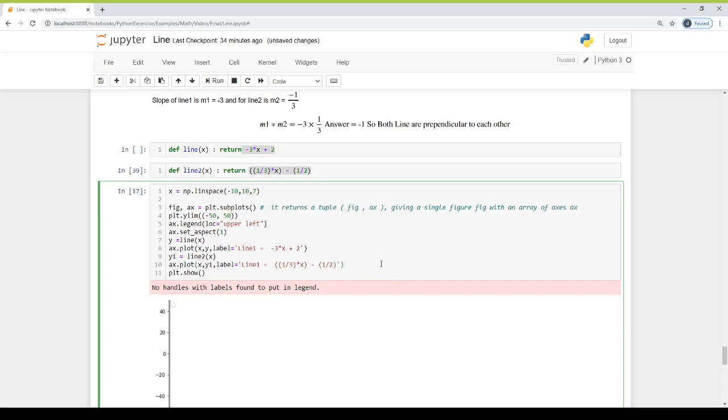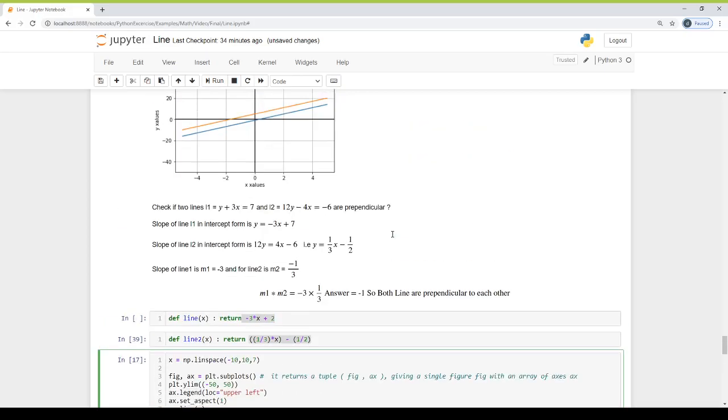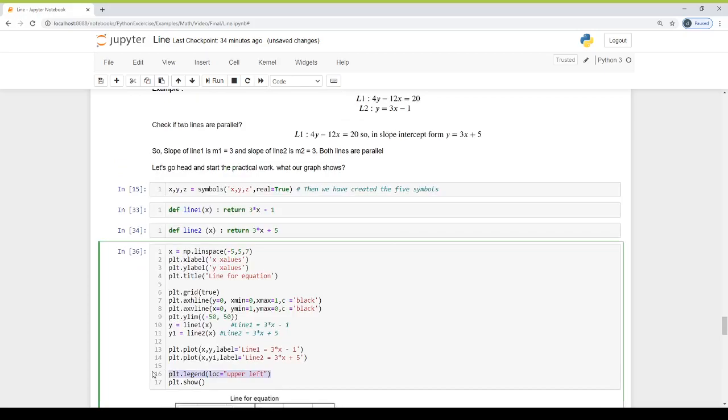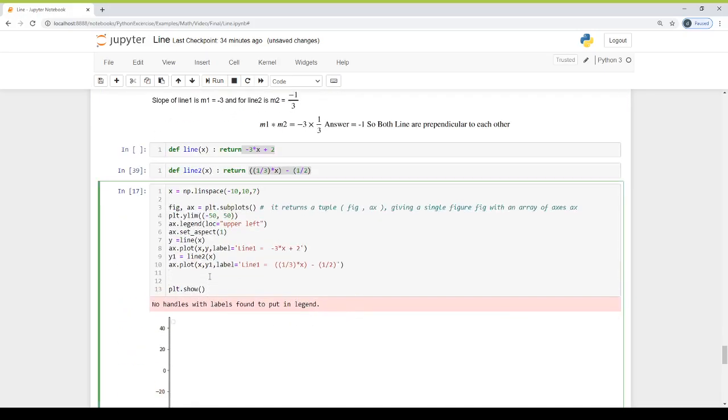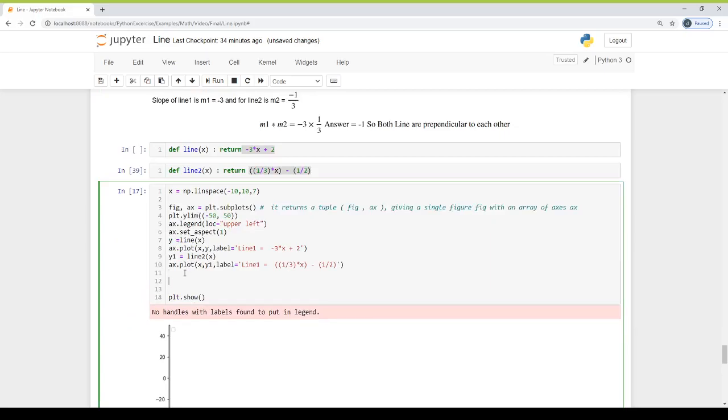Next, legend. You can copy the legend of the graph from here, Control V, okay.